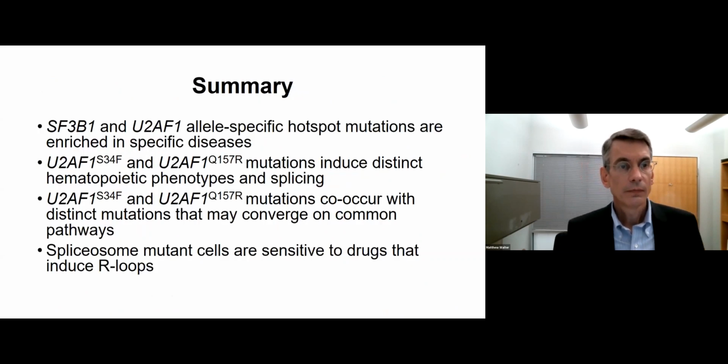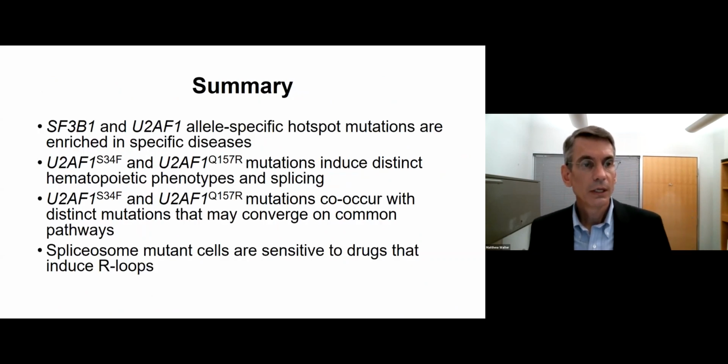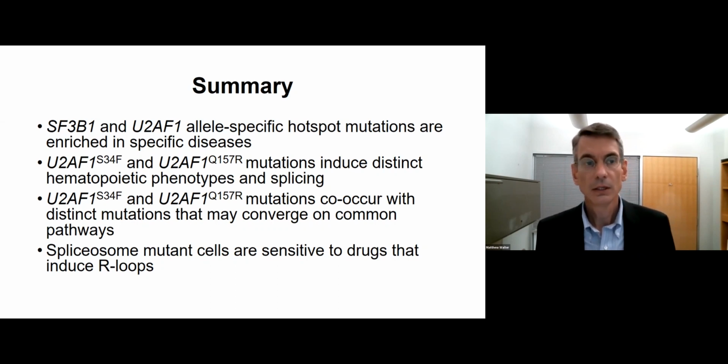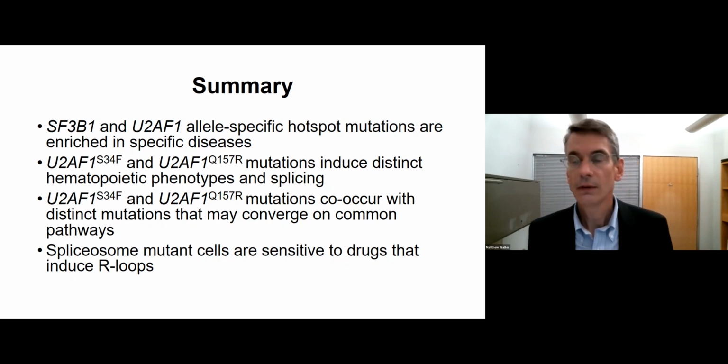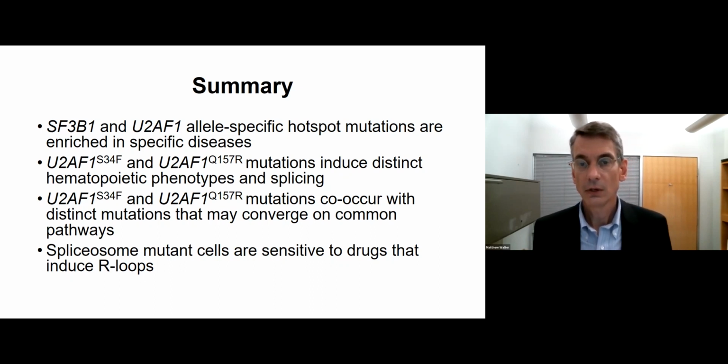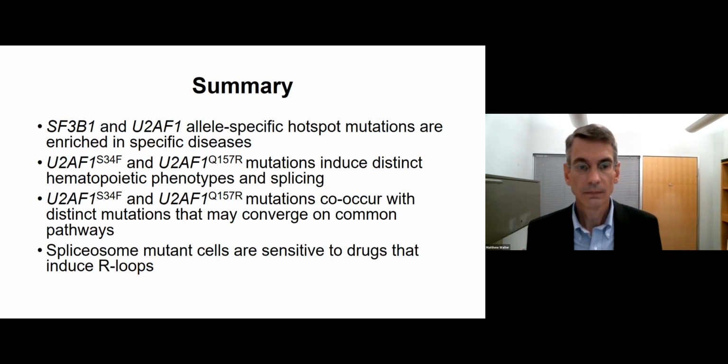So in summary, we've reviewed that SF3B1 and U2AF1 have allele-specific hotspot mutations that are enriched in specific diseases. So moving beyond just the SF3B1 or U2AF1 mutant status, knowing the allele-specific hotspot has importance. And that these U2AF1 S34F and Q157R mutations induce distinct hematopoietic phenotypes and splicing.